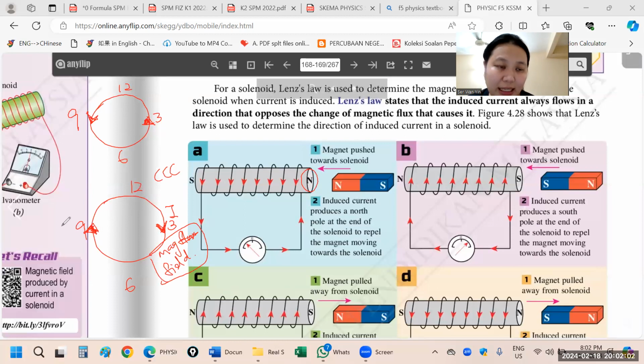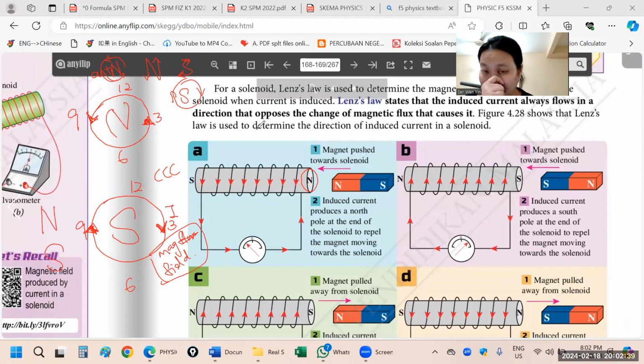Let's see, N and S. If we put an arrow at the edge, you will find that north goes anti-clockwise. Then if you put your S like this, you will find that south is clockwise, north is anti-clockwise. So look at this: this is clockwise S, this is anti-clockwise N.